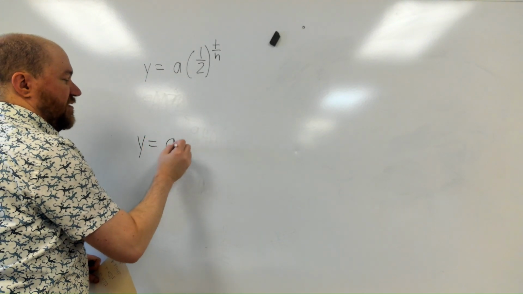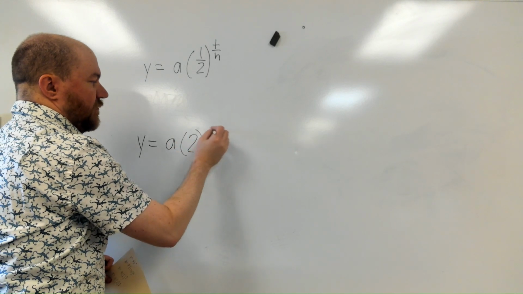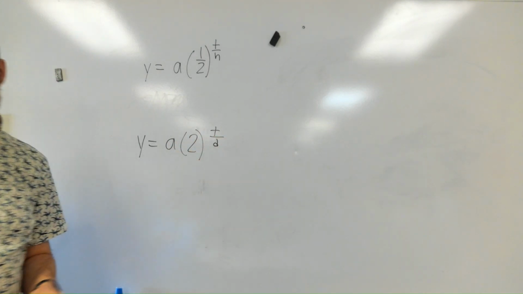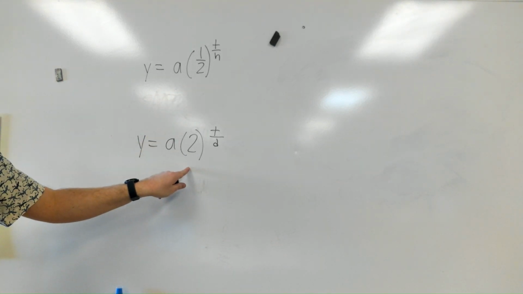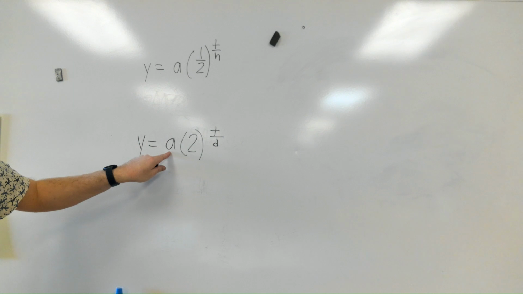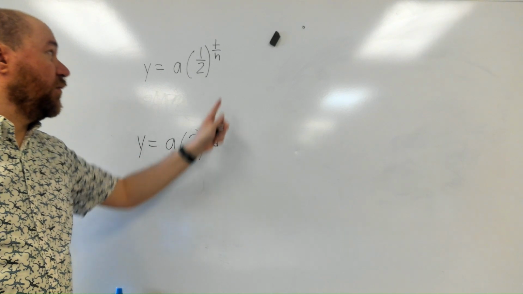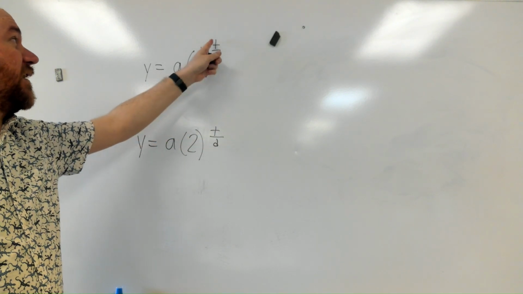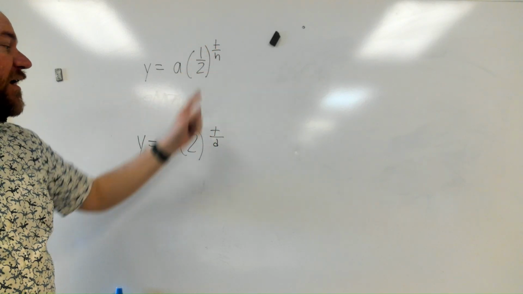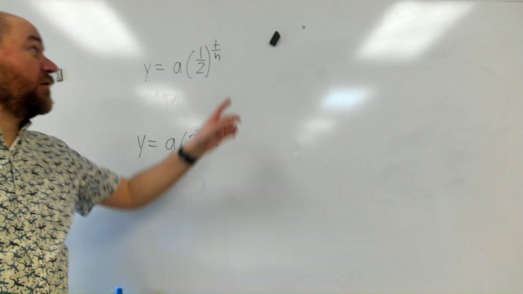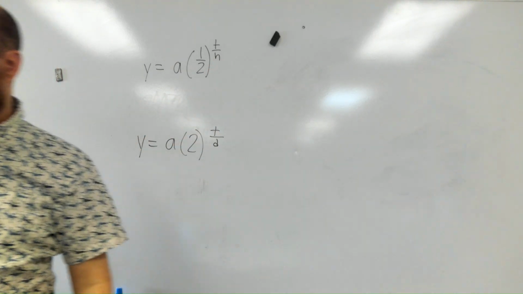You can see halving, there's a half in there, and double, there's a 2 in there. In both cases, we multiply by the starting value, and our exponent is a fraction. The top is how long we are watching this happen, and the bottom is how long it takes for the thing to halve or to double.